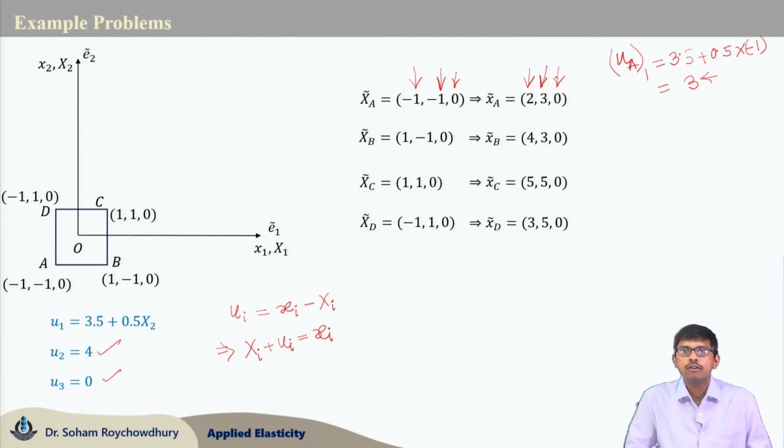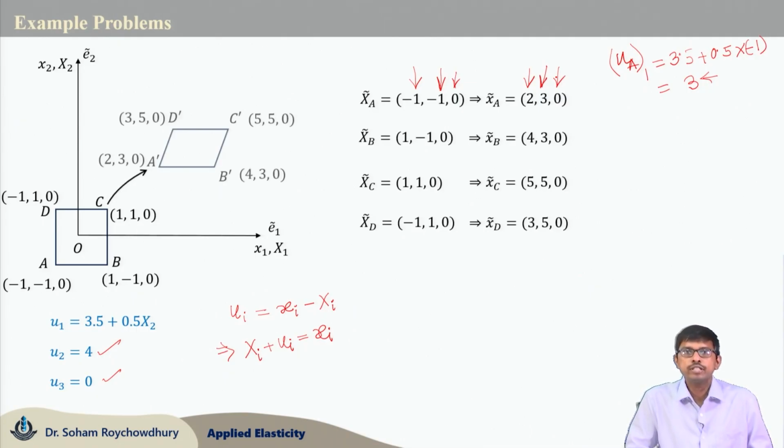Now, we know the complete deformation mapping and have obtained the locations of all 4 deformed points. Let us call them A prime, B prime, C prime, D prime. If we sketch it, it will look something like this. A prime is 2, 3, 0, B prime is 4, 3, 0, C prime is 5, 5, 0 and D prime is 3, 5, 0.